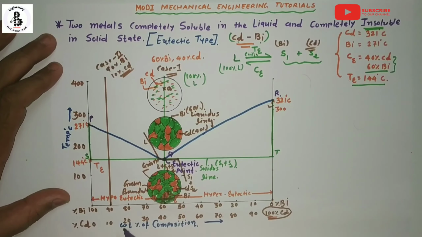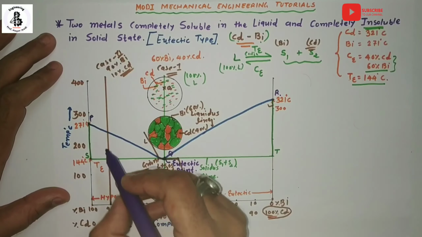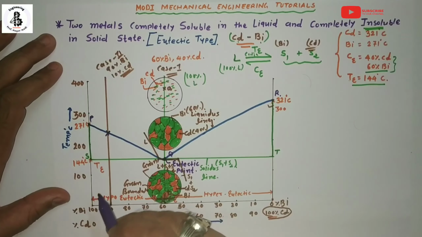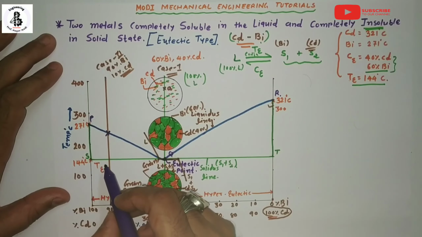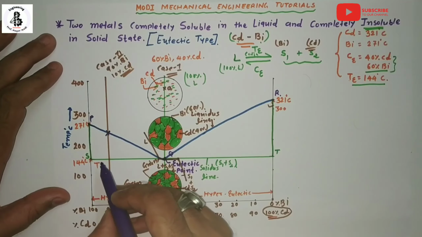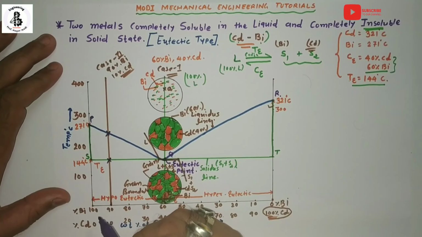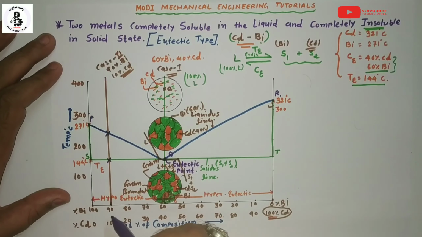For case number 2, that line will be intersecting at different lines. First of all, it will intersect at the liquidus line, then it will intersect at the solidus line. So for the microstructural view, I would like to mark different points.